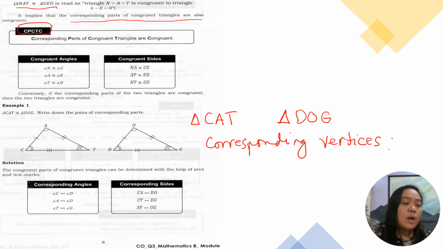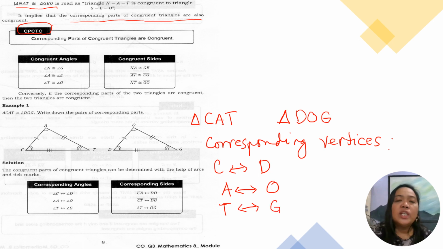So, going back to our triangle CAT and triangle DOG, the corresponding vertices should be vertex C corresponds to vertex D. Vertex A corresponds to vertex O, while vertex T corresponds to vertex G. Now, since the vertices correspond to one another, then we can now identify the corresponding angles.